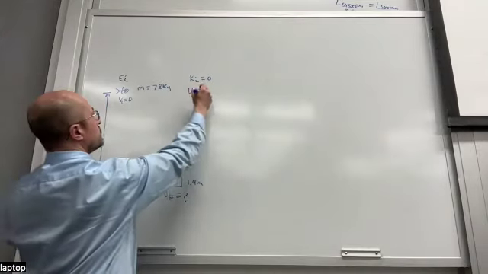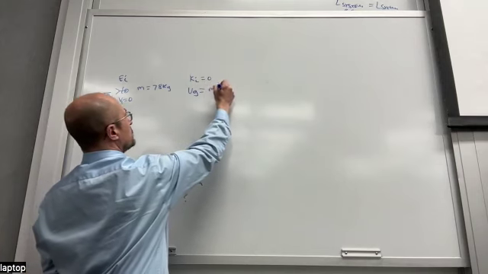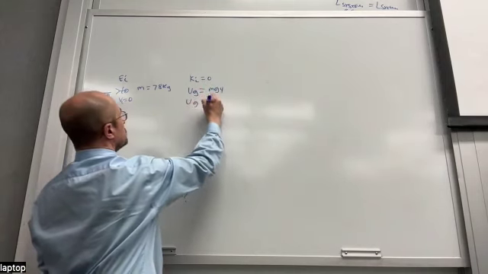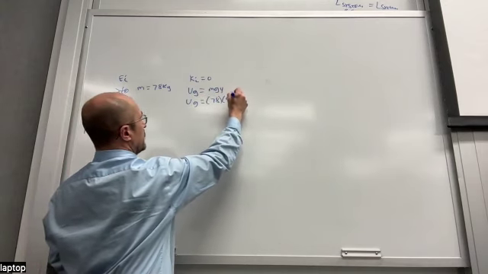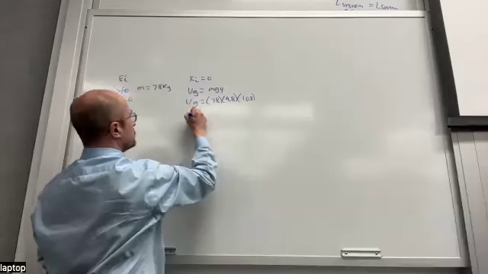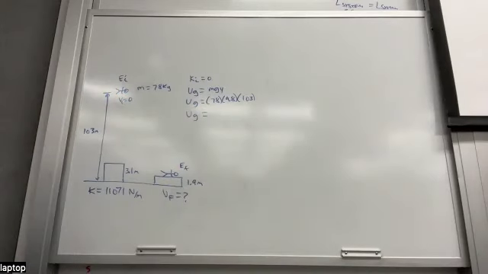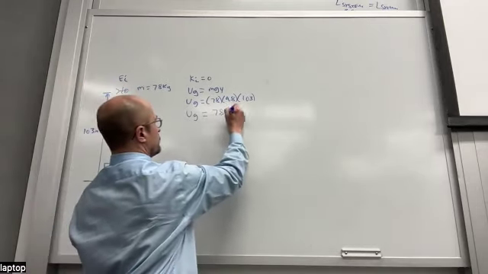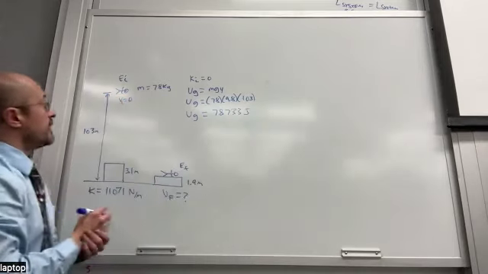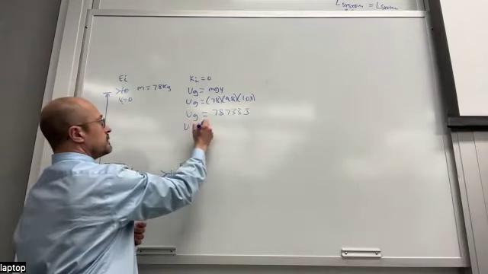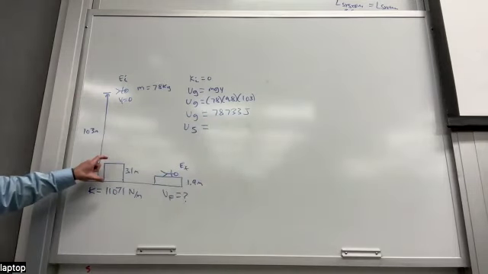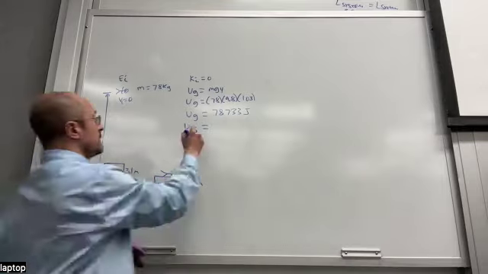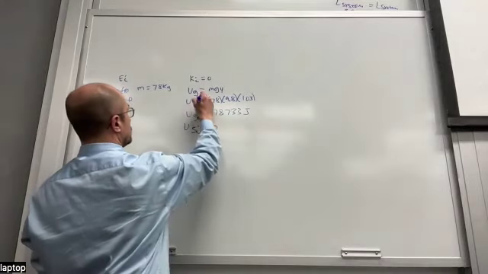Yes, 103 meters above the ground, so we have some mgy, which is 78 times 9.8 times 103. Initially the spring is fully open, not compressed at all, so we have no spring energy.